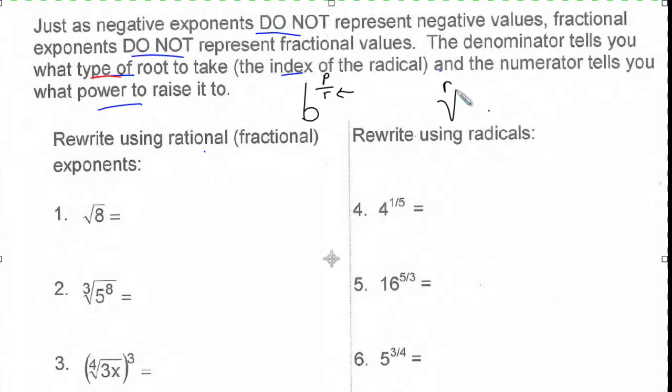It's the index. And the numerator tells you what power to raise it to. So the b is the base, the p is the power, and the r is the root, or the index. And it can be written as a radical.